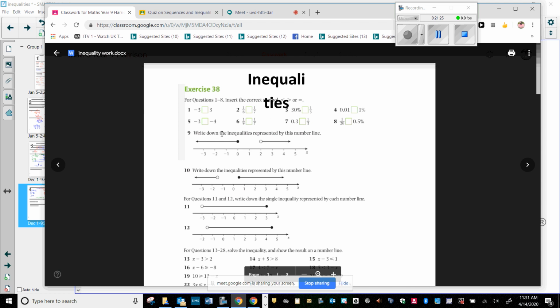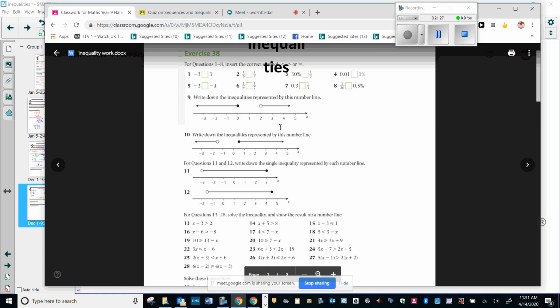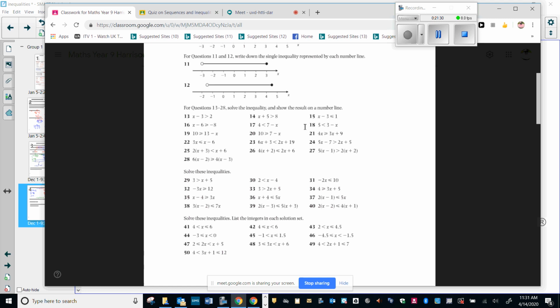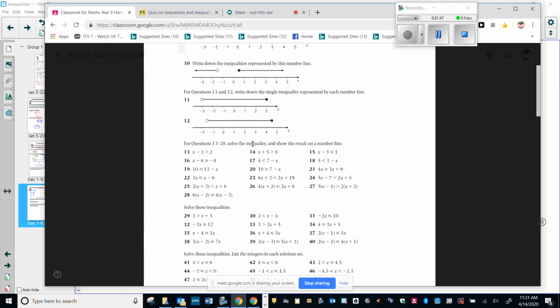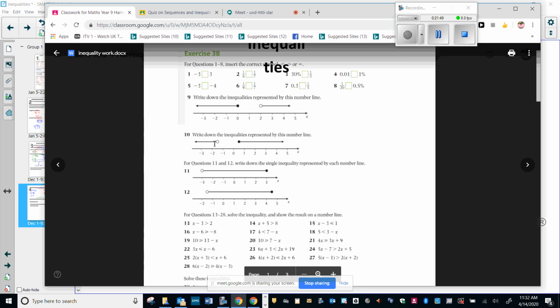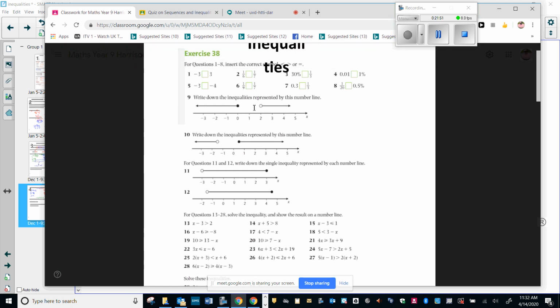I'm going to suggest that you have a look at this exercise, this worksheet. Don't worry about the first one. You can do it if you want to. It's just putting less than, greater than, or equal signs in. I just want you to have a go at a few of these questions just to make sure that you are understanding. So see here that the symbols are different.